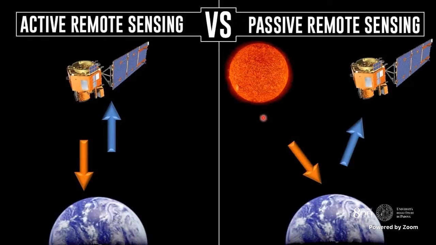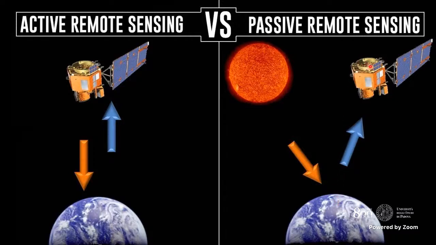But if the source is not the satellite and comes from any other source, for example here we have the sun, it's called passive remote sensing. The sun sends its radiation towards Earth, and it gets reflected to the satellite after being altered in the atmosphere or on the land or whatever you're conducting research on.